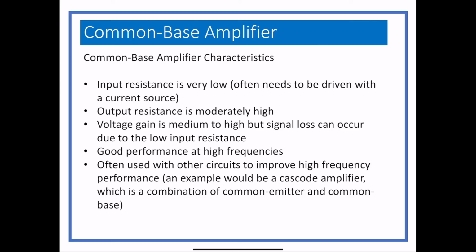Because the collector of the common emitter is connected directly to the emitter of the common base, you don't have that loss of signal between the two. So basically the signal just goes right in, which makes it kind of like having a constant current source driving it. Then you get an overall gain that's almost exactly like a common emitter alone, but it works better at high frequencies.